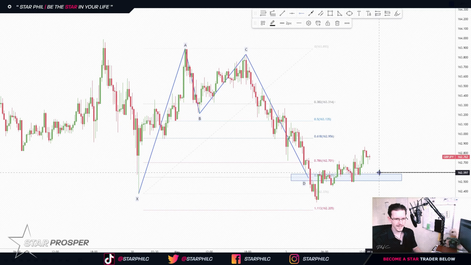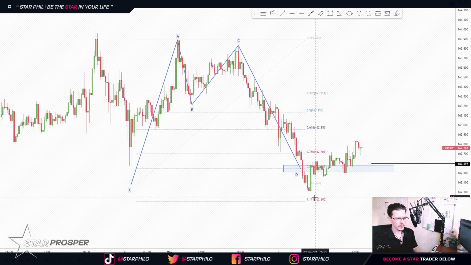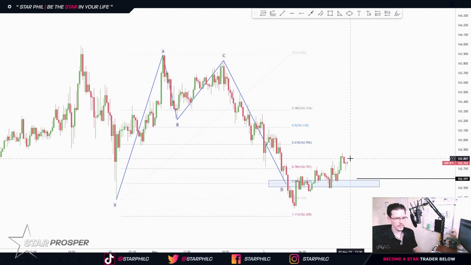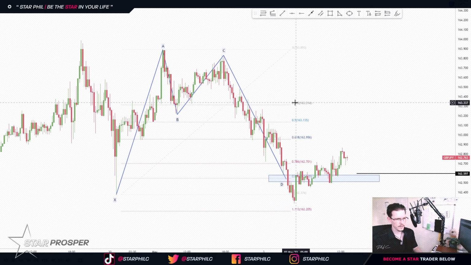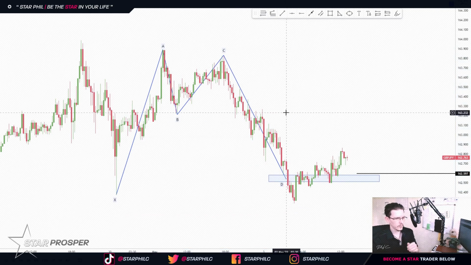Yeah, that's where I got in at. Stops are below the X point, so around at the 113 there. And targets were at a Fibonacci 382 and 618. So this is the last condition 3.